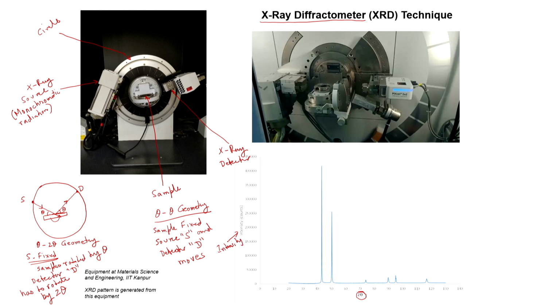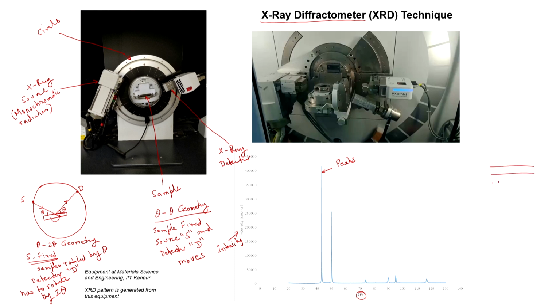So, for specific values of theta, you get these peaks where diffraction is taking place. So, we know from this directly at what angle we get diffraction, the Bragg condition is satisfied and there is no extinction. Now, we keep this as 2 theta basically only for historical reasons.